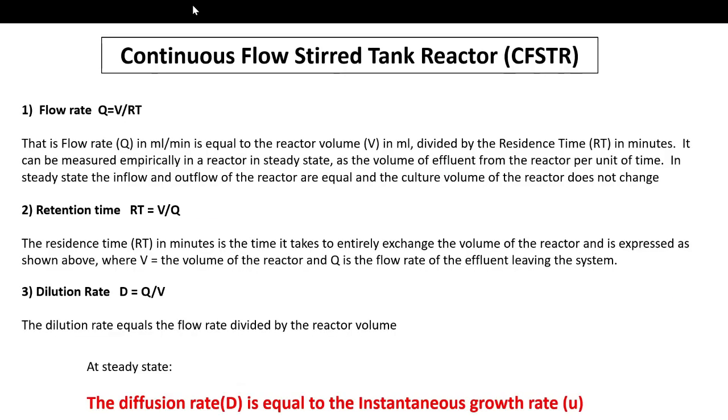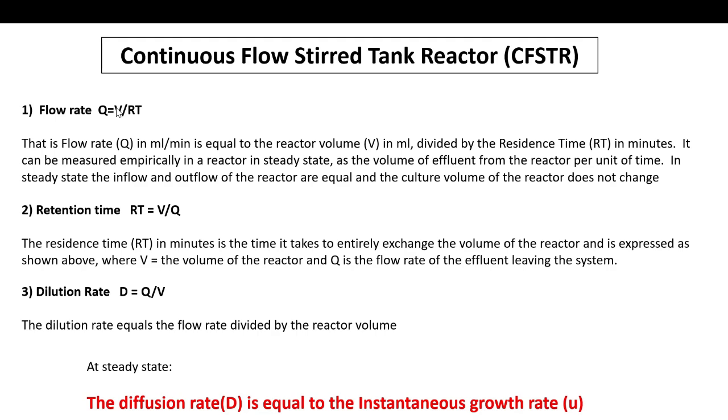Now, what are the important things that you need to know for solving questions which come from this continuous flow stirred tank reactor? What is the flow rate? The flow rate of this kind of stirred tank reactor or chemostat reactor is given by Q. Q is equal to V by RT.